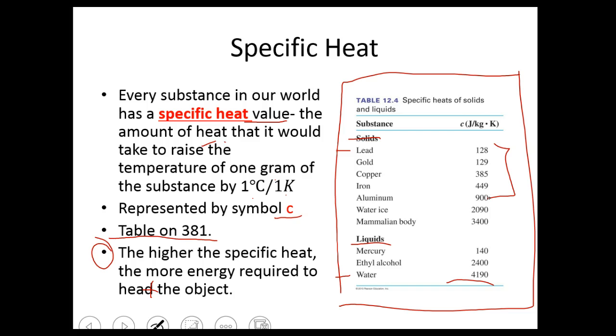But even within the metals, it's a lot easier to heat gold than it is to heat aluminum. Aluminum has a higher specific heat. I also want to make note of the specific heat of ice. Water as a solid and liquid water are different, and when you're solving problems, you're going to use these two values depending on the situation. I'll give you some examples coming up.